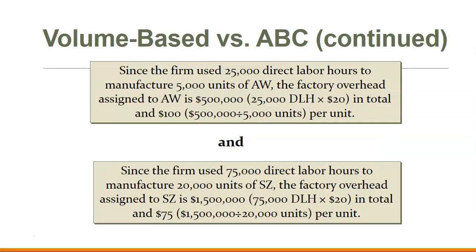When we apply that $20 per direct labor hour, we assign factory overhead of $500,000 to the AW line, or $100 per unit of production, and we assign $1,500,000 to the SC line, or $75 per unit to the SC line.